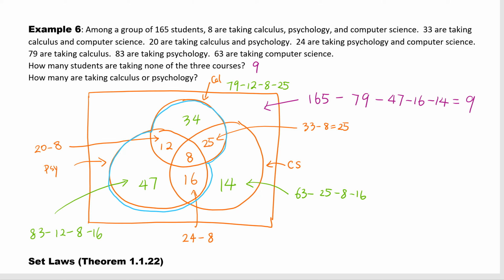We have the calculus, which is 79, plus 47 and plus 16. 79 plus 47 plus 16, my answer is 142. So that is this blue peanut shaped area, 142.